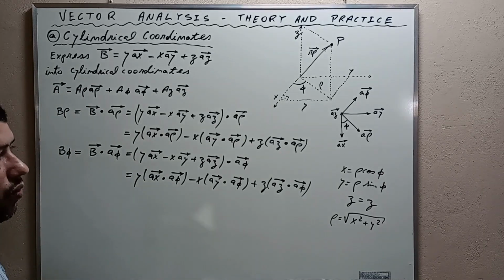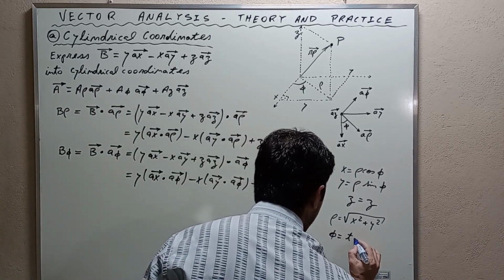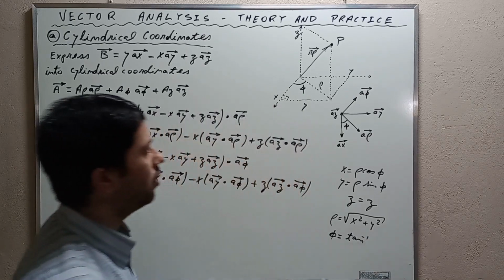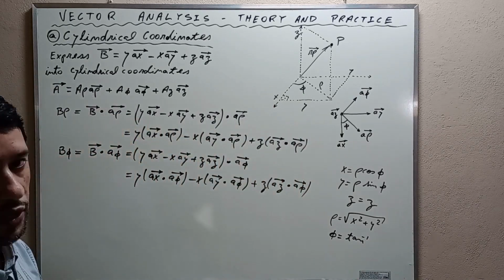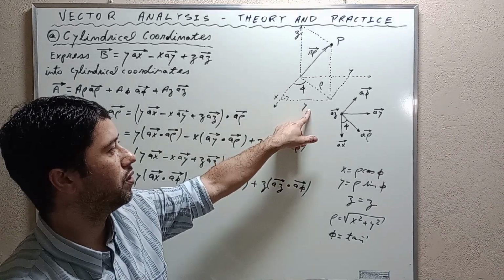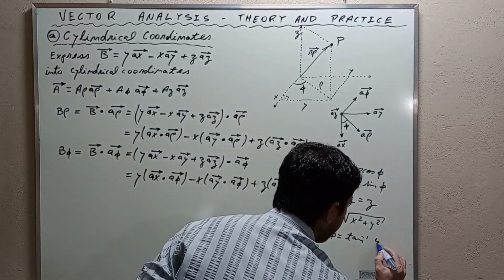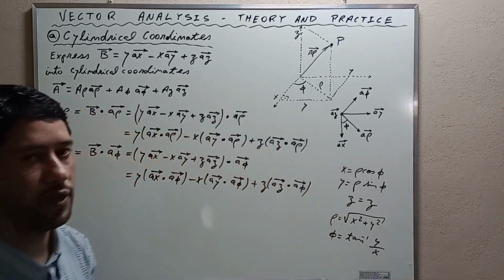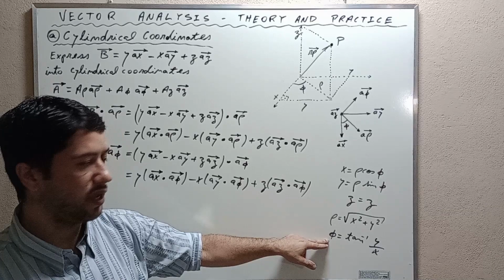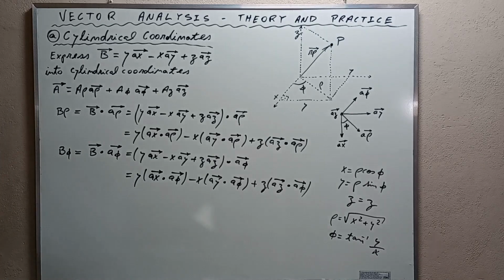And to compute the angle having the tangent of the angle, we calculate the inverse tangent. So phi is the inverse tangent of y divided by x. What does it mean? It means that phi is the angle whose tangent is y divided by x. Okay?